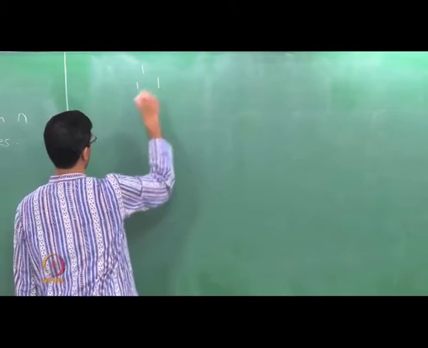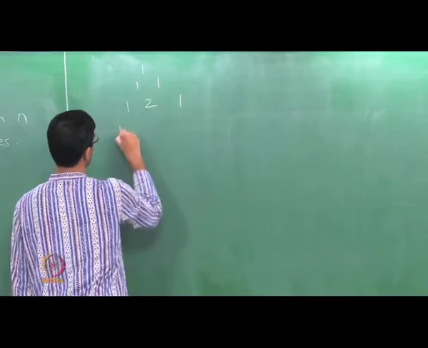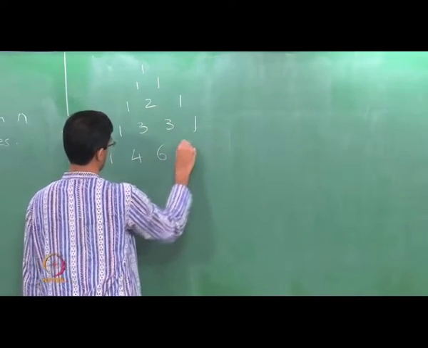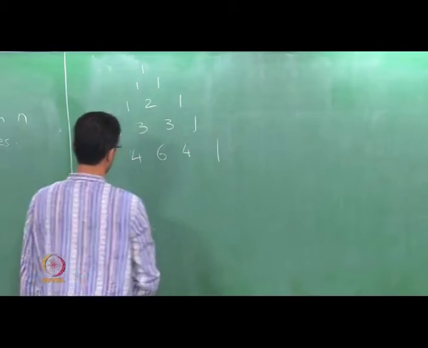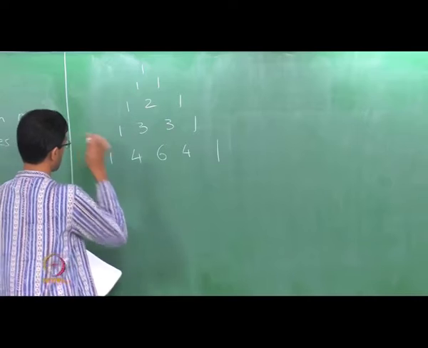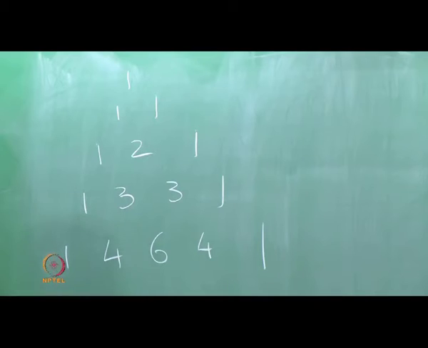So I have 1 1 1 1 2 1 and so on. And so what it says really is the following.